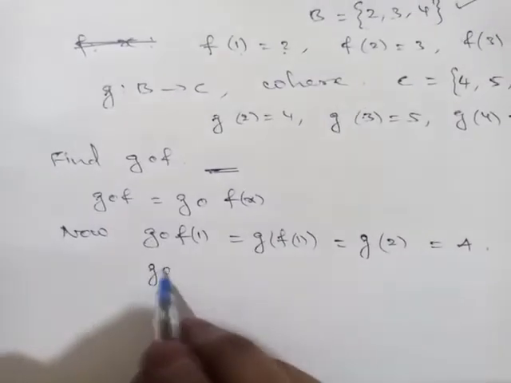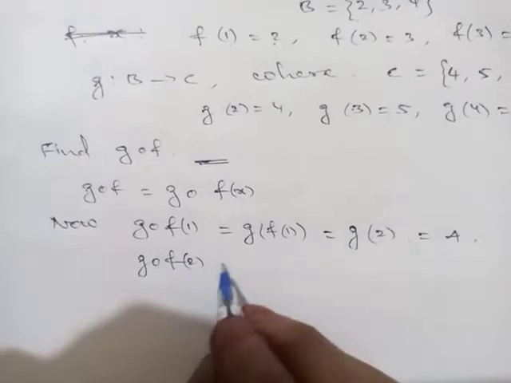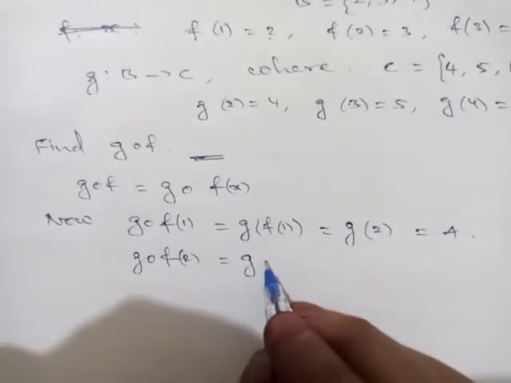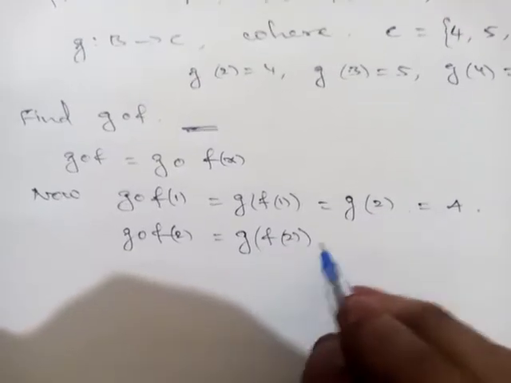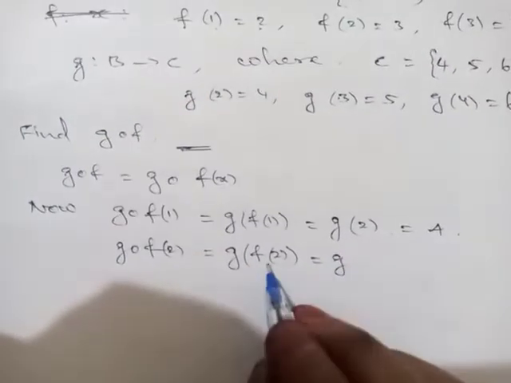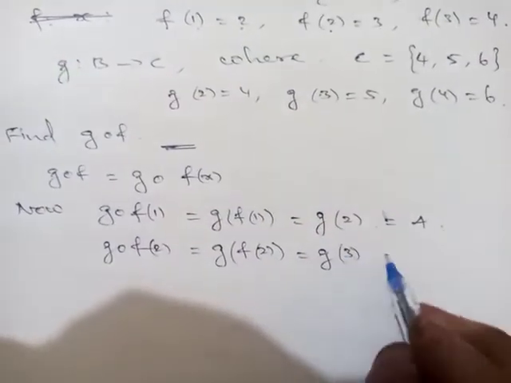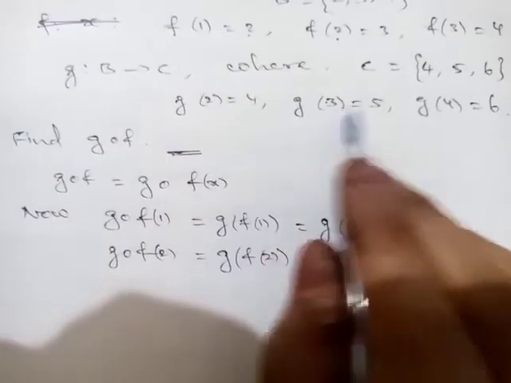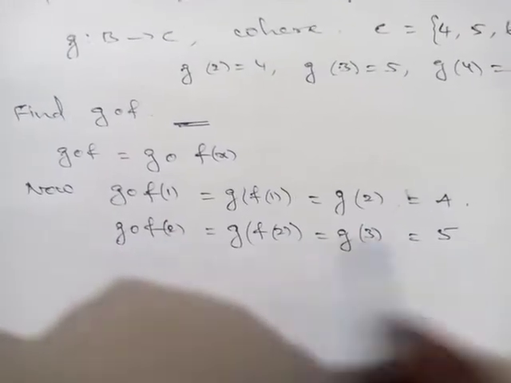Next, g over f of 2 is g of f of 2. f of 2 is 3, so g of 3, and g of 3 is 5. So g over f of 2 is 5.